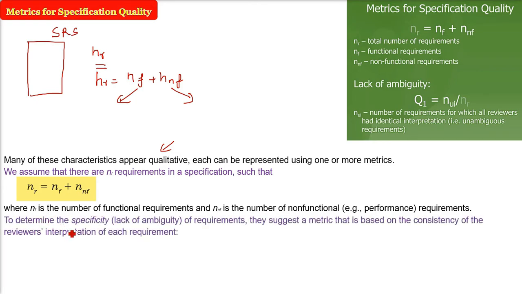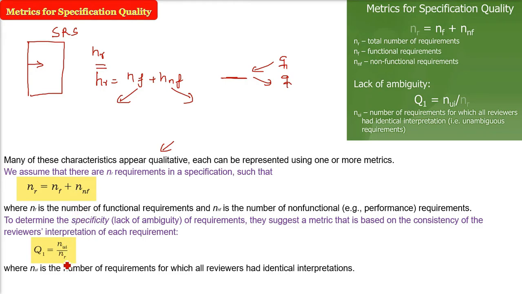Now this is a value, but in order to find out, say, a specific SRS function or value or metric, specificity: two people may understand the same requirement in different ways. They may interpret the same requirement in different ways. This may be possible. So how do we go about it? We have another metric, which is n by n. First is NUI, which is the number of requirements for which all reviewers have an identical interpretation.